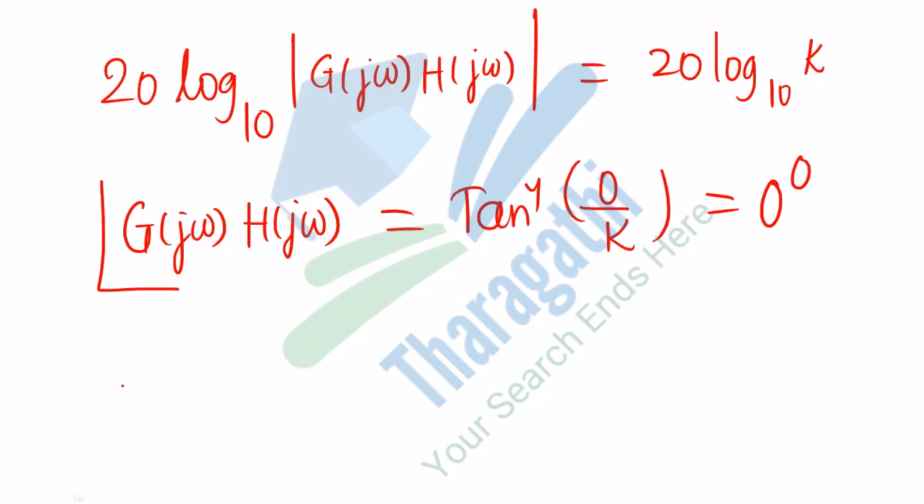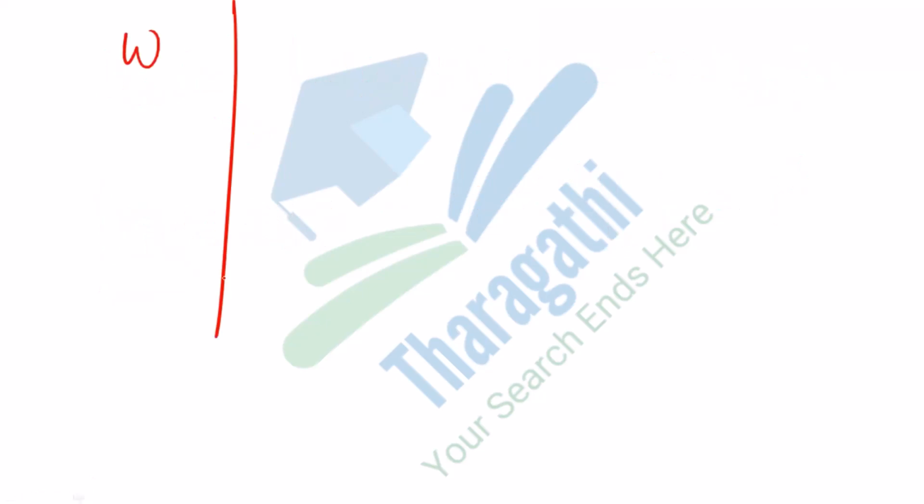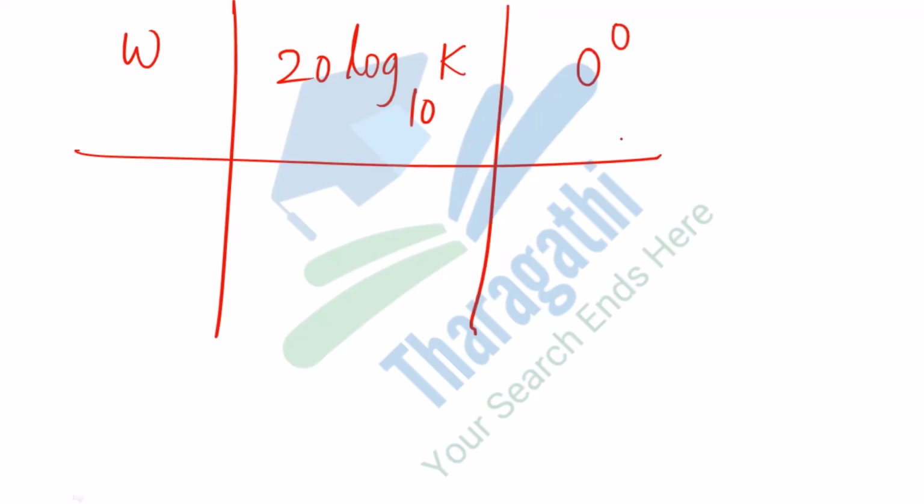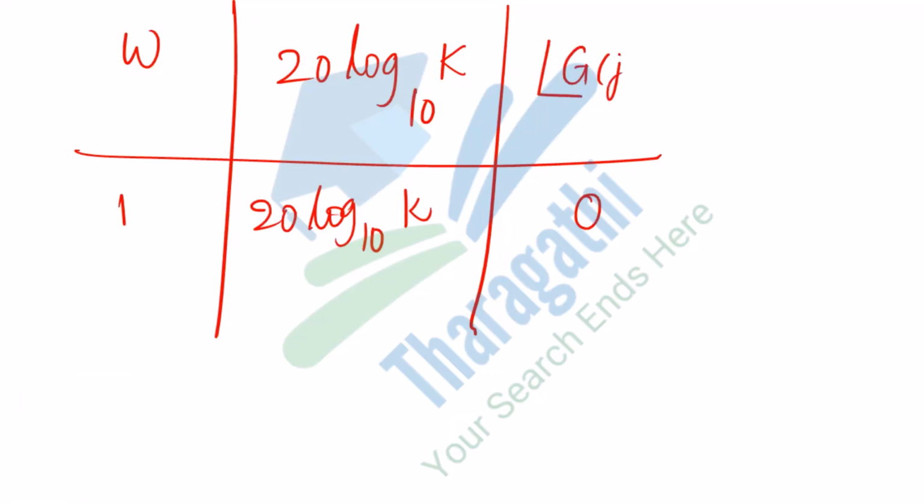So if you draw the magnitude plot, the magnitude is 20 log to the base 10 k, and the phase angle is 0 degree. When omega is equal to 1 radian per second, its value is equal to 20 log 10 k, and the phase angle is 0 degree. Coming to another value of omega, we assume that we are changing omega in decades.